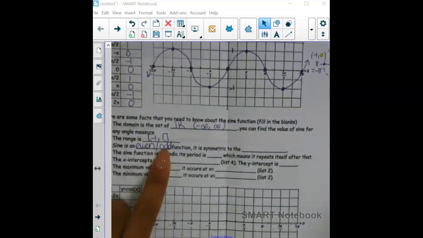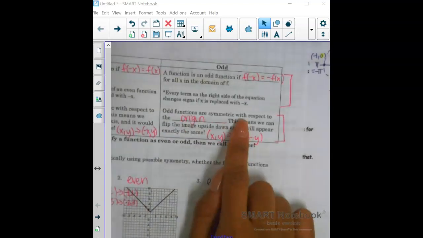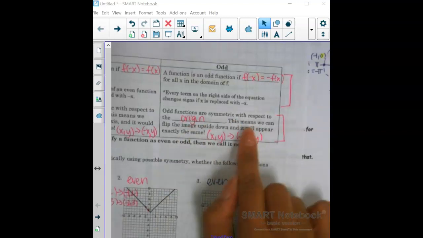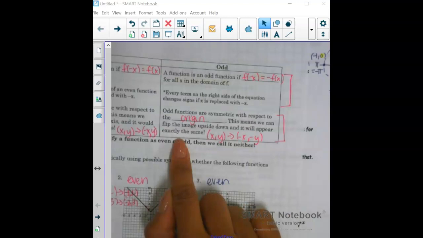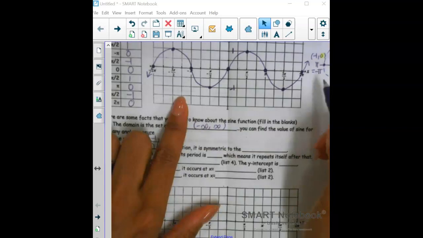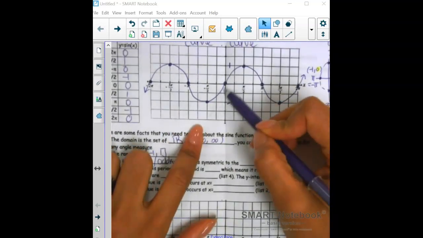Okay, it's probably going to be odd, but let me make sure you understand what odd means. Odd functions are symmetric with respect to the origin. That means we can flip the image upside down and it will appear the exact same. So on this graph, just take a second and look at it as it is for sine. The graph is going to curve up first and it'll curve down here.